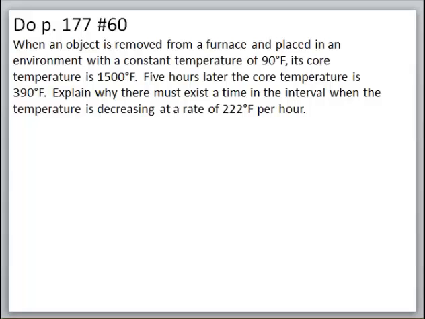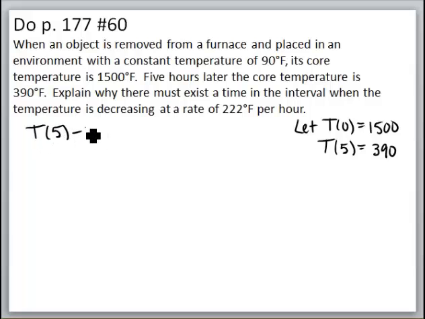Mean value theorem says we can find the slope of that secant line. So what I'm going to first do is let T of 0 equal 1500. At time 0, it is 1500. But 5 hours later, so T of 5, is 390. What I'm going to do is find the slope of that secant line. So the slope of the secant line would be T of 5 minus T of 0, all over 5 minus 0.